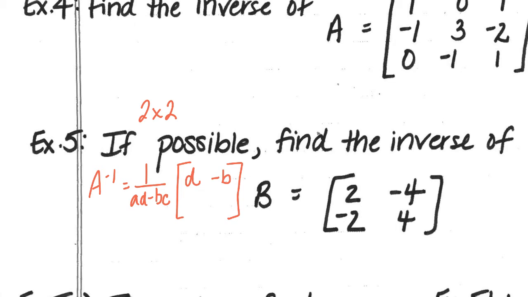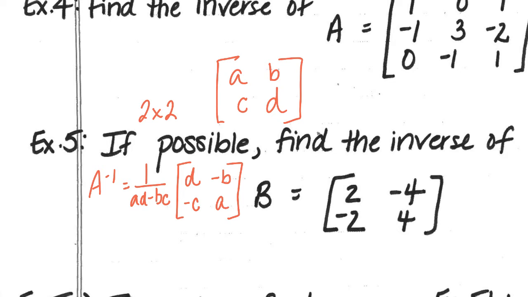So notice it's D, negative B, negative C and A. So we're looking at a matrix being A, B, C, D with the rows and columns.